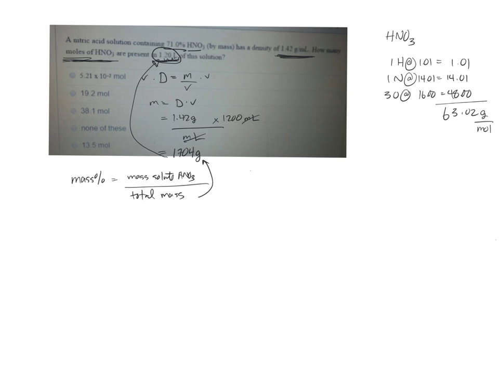And what we're wanting to know is what the mass of this HNO3 is. So again, multiplying both sides by total mass, I'll get the mass of the solute, or the HNO3, is my mass percent times my total mass. Okay, hopefully that manipulating the formula is okay for you.